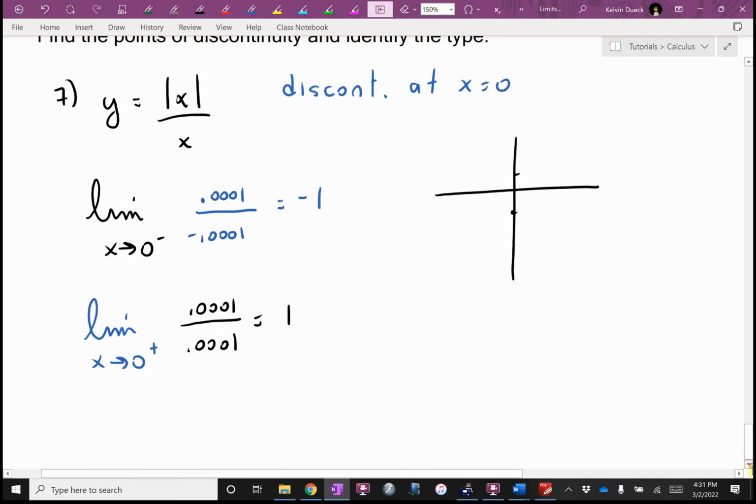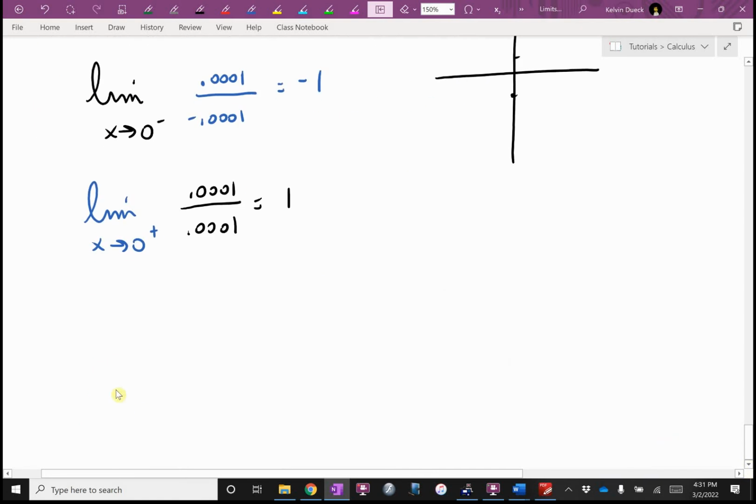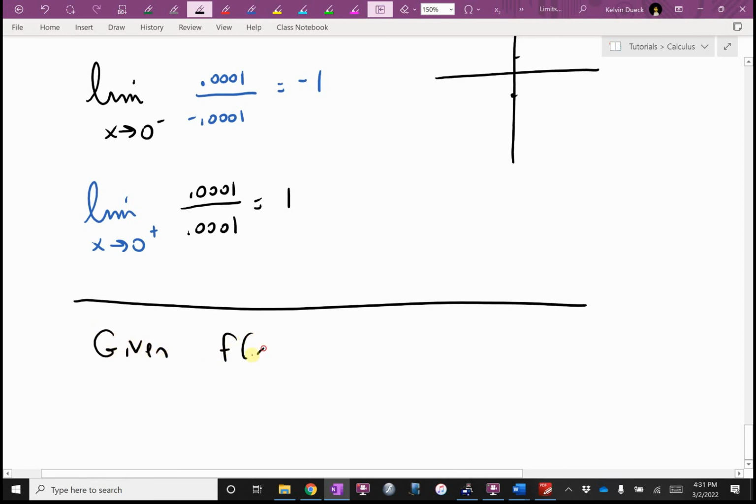Let's do it this way. Given f of x equals x squared minus 4 all over x minus 2.